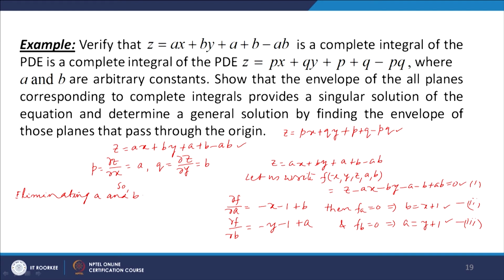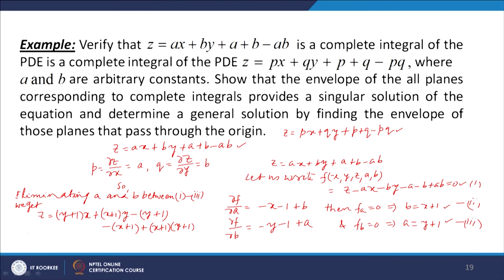Then eliminating a and b, we get z equal to ax, that means (y plus 1) into x, and then b is equal to x plus 1, so (x plus 1) into y, minus a minus b, so minus (y plus 1) minus (x plus 1), and then we get plus (x plus 1) into (y plus 1).